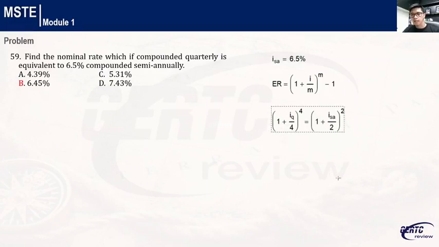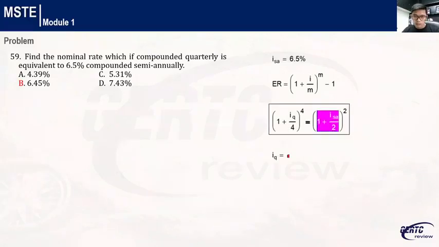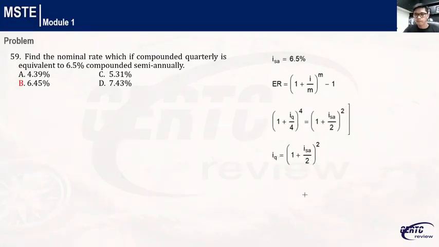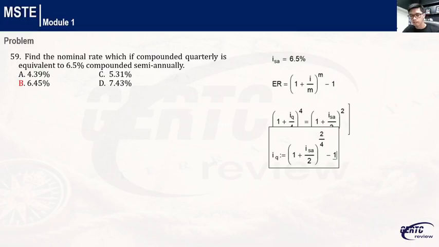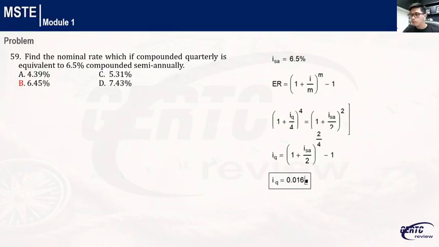Simplifying this one, IQ. IQ is equivalent to, copy ko to, that is 2 over 4, correct? Minus 1. And IQ is equivalent to, correct ba?